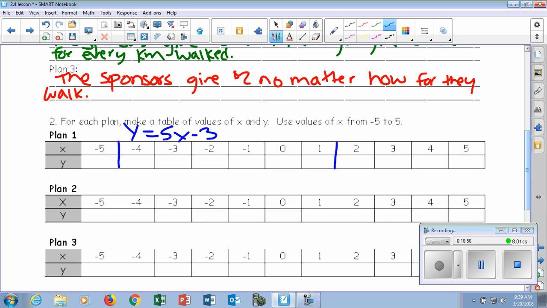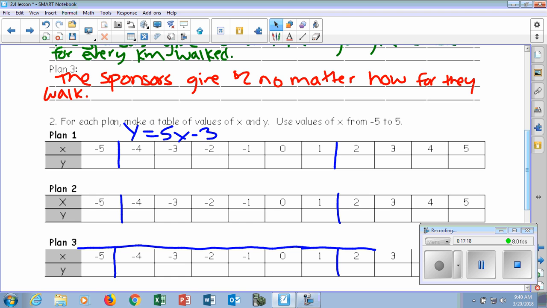Eliana, if they tell me x equals -5, how can I find my y? Yeah, I'm going to substitute. I'm going to plug in my -5 into where our x is in the equation.